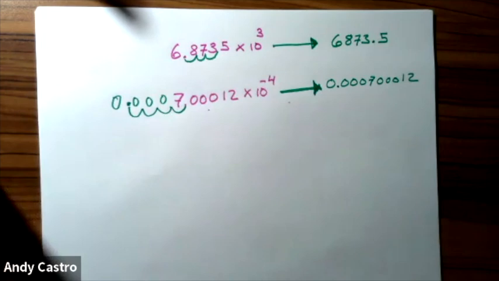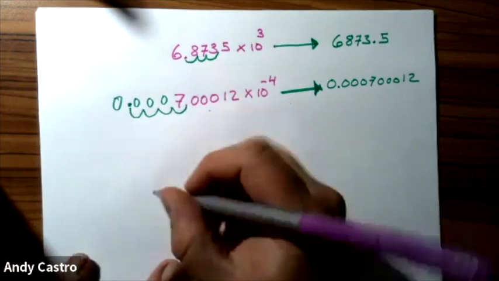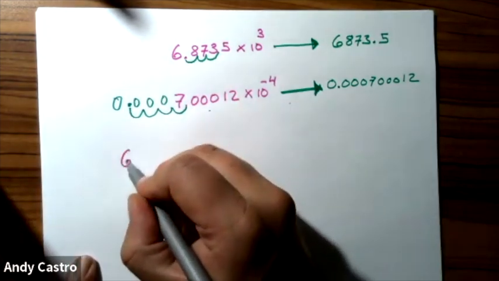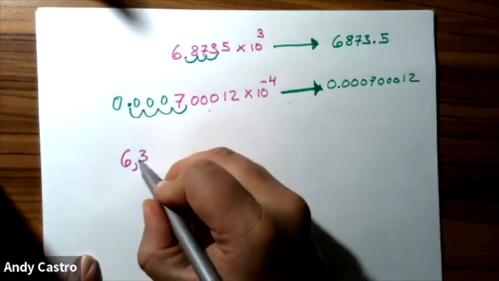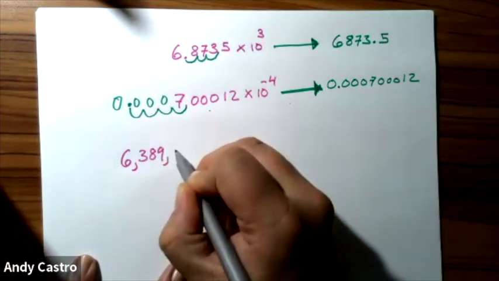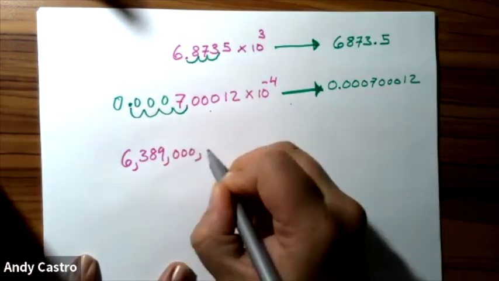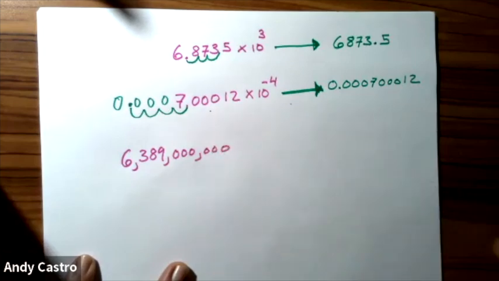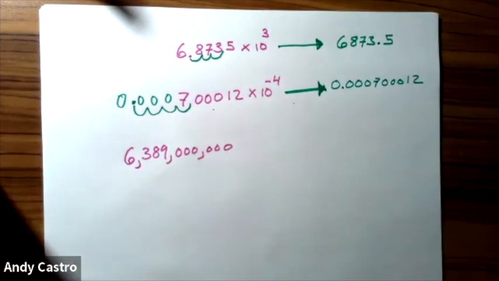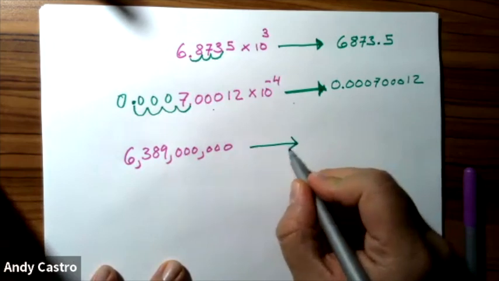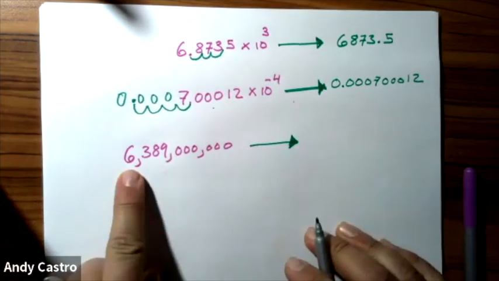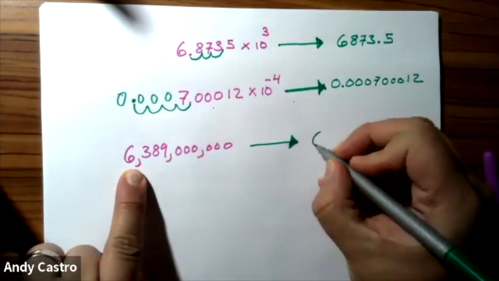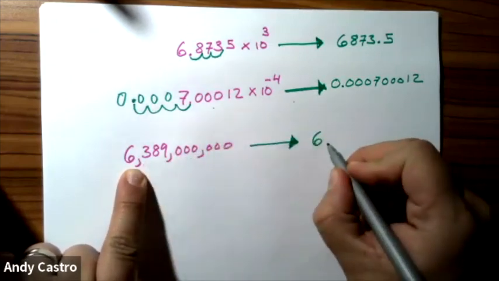All right, so now let's go the other way. Let's go from a number into scientific notation. So let's do 6,389,000,000. How do I put that into scientific notation? So remember, we take our first number, and then we'll have our decimal point.